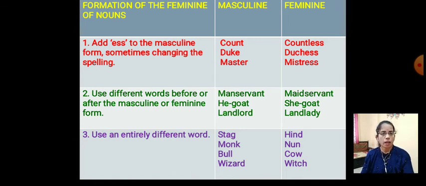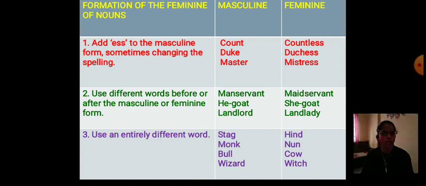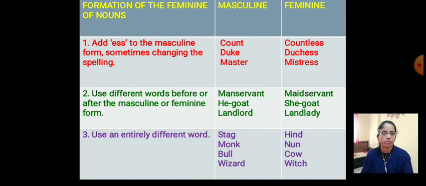Formation of feminine of nouns. It means how we have to convert the masculine gender into the feminine gender. Let us understand the rules. First one, add ESS to the masculine form, sometimes changing the spelling.